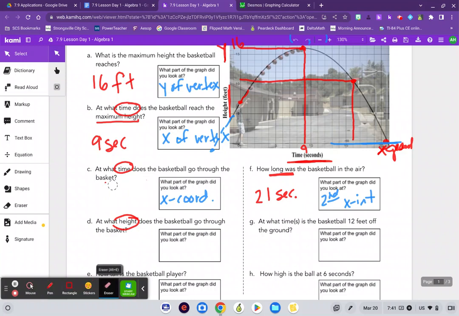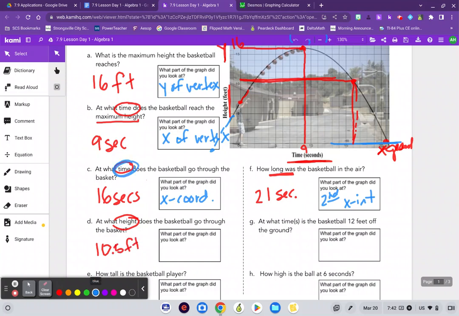This here would be the time, and I gave you a y value. So this right here, if we back this up, should be 16 seconds. And the height, which is a y value, should be here, which is 10.5 feet. My apologies. Can we go ahead and make that correction? Again, C says time. That should be an x value. And D says height. That should be my y value. That's what I get for trying to skip over.